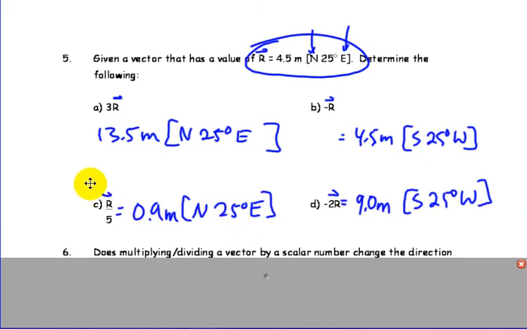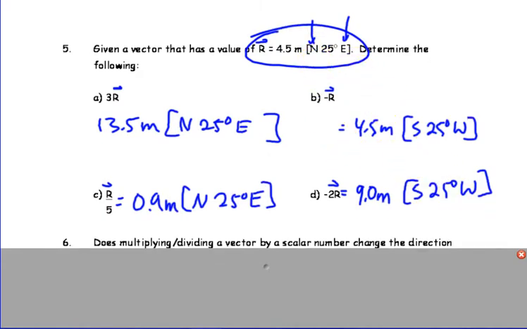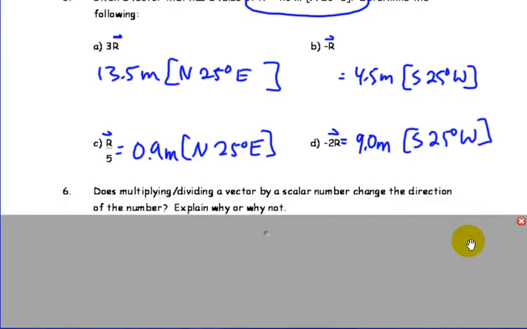And lastly here, r divided by 5, so take that number divided by 5, it's 0.9. The direction stays the same. And then negative 2r, so double that number first, 9.0 meters. And then the negative sign implies, once again, the opposite direction. North becomes south, east becomes west. So fairly straightforward there.